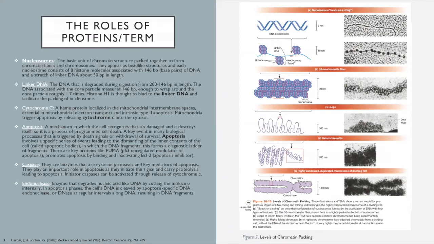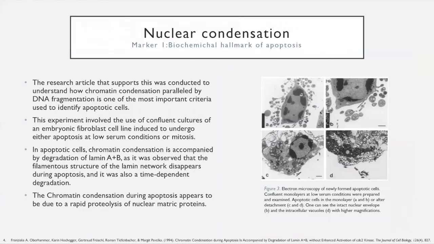Endonucleases are also enzymes that degrade nucleic acids like DNA, cutting the molecule internally. In apoptosis, the cell's DNA is cleaved by apoptosis-specific DNA endonuclease, or DNase, at regular intervals along the DNA, resulting in DNA fragments.